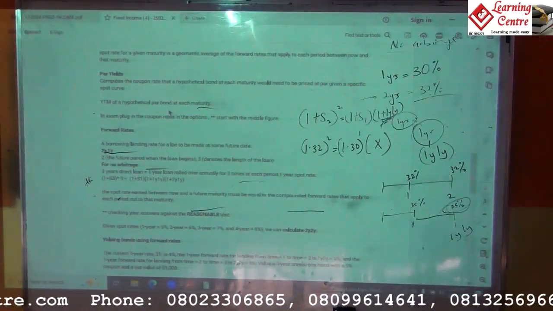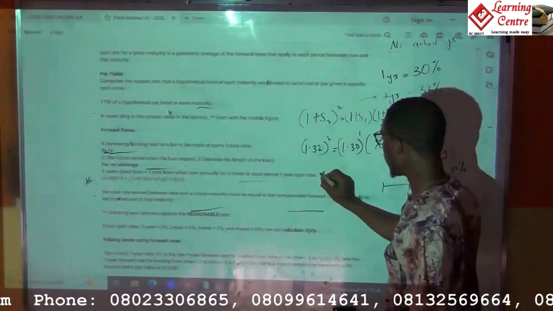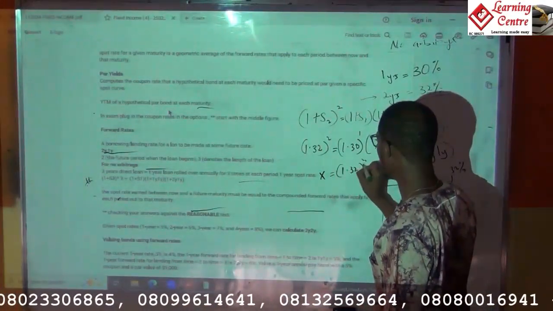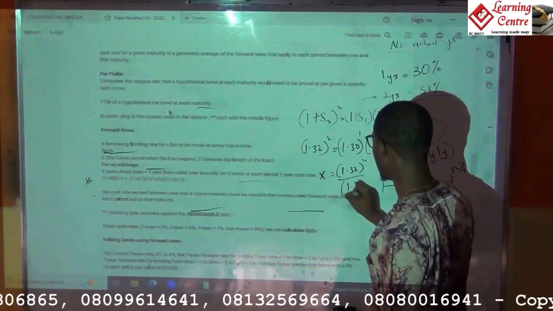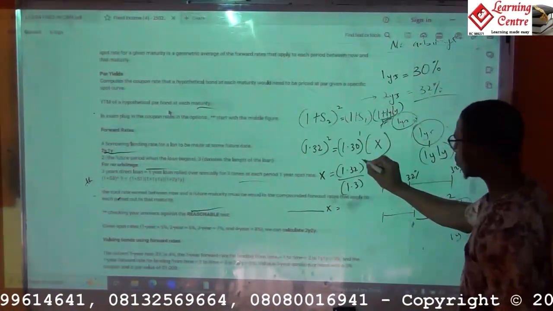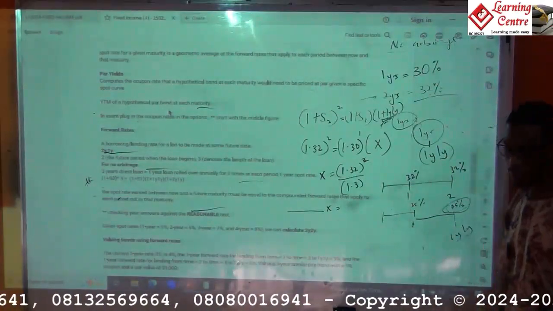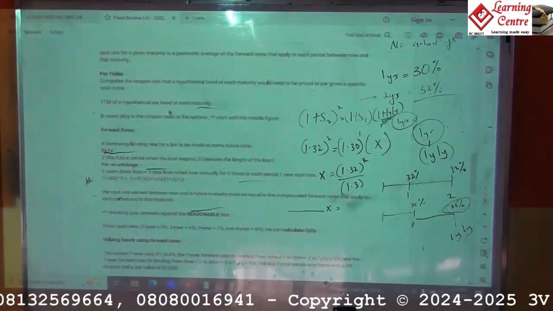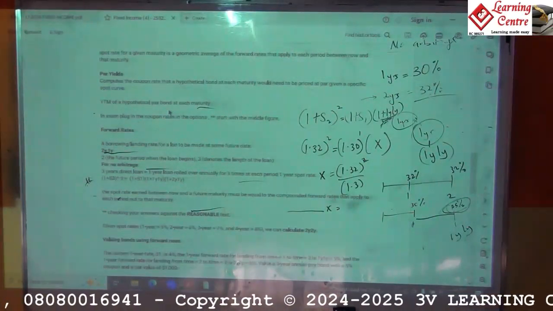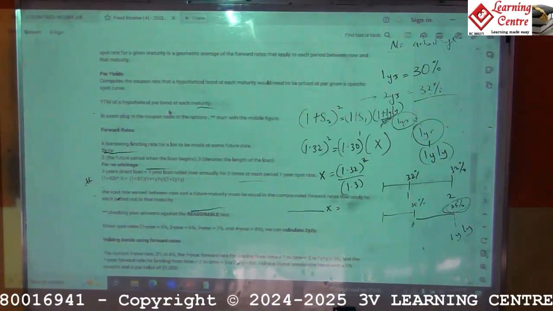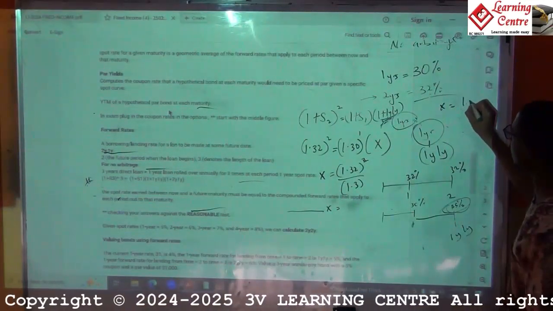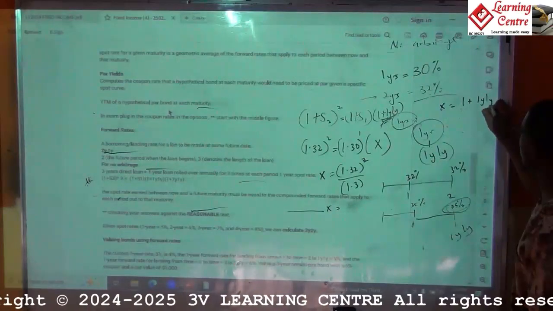So now let us solve it. Let's put X here. 1.32 squared over 1.3. Remember the X is equal to 1 plus 1y1y.